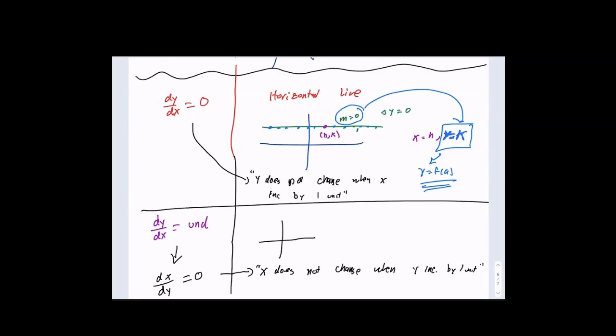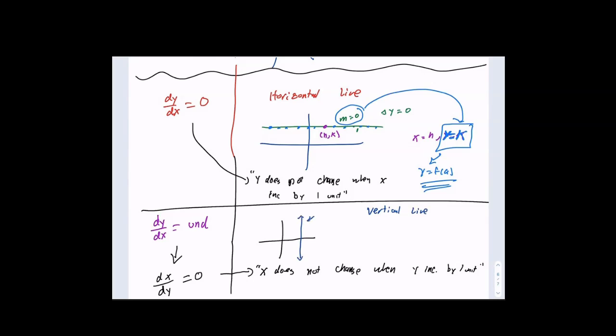So what does this look like? Vertical line. It's a vertical line, yeah. And as we'll learn as we go into on Wednesday, a vertical tangent.